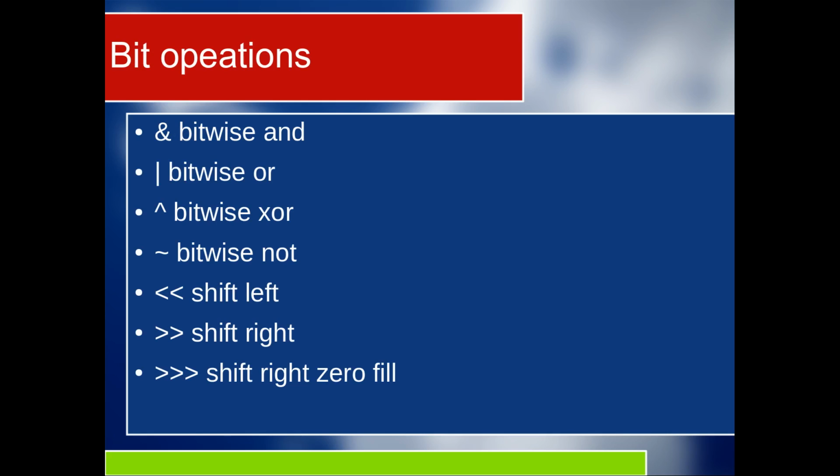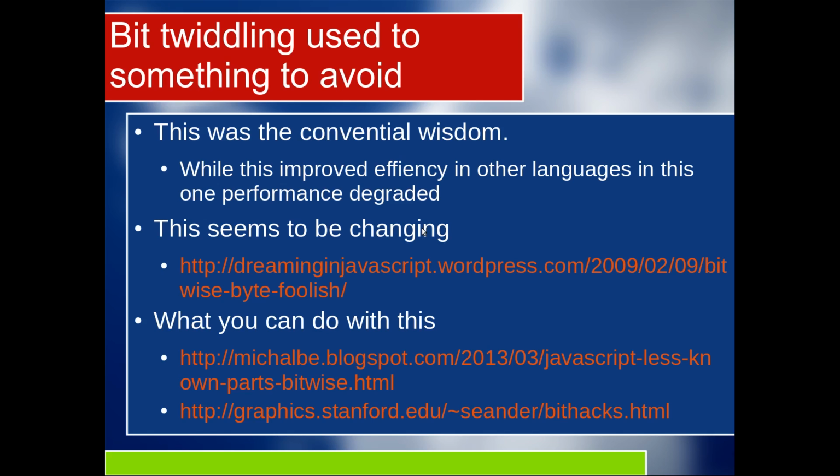Now, these are the bitwise operators. I'm going to really limit my discussion of them. I would like to say a couple of things about it before I leave it, though. First, when I first started learning JavaScript, it was considered something to avoid. The way it was explained to me was that bit twiddling improves efficiency in other languages, but in this one, the performance was actually degraded.